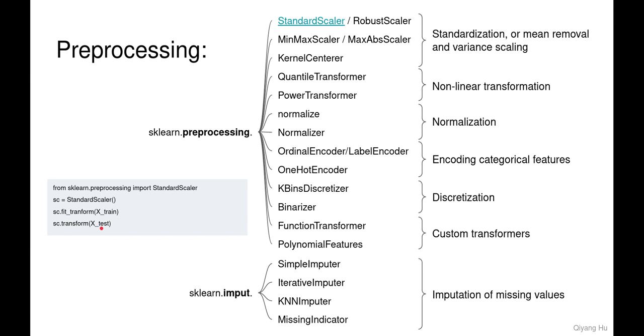Of course, there is another preprocessing module for imputation of missing values that you can import from sklearn.impute, with methods like SimpleImputer, IterativeImputer, KNNImputer, or MissingIndicator.